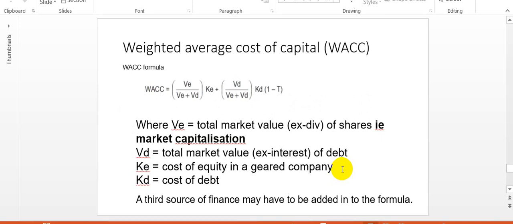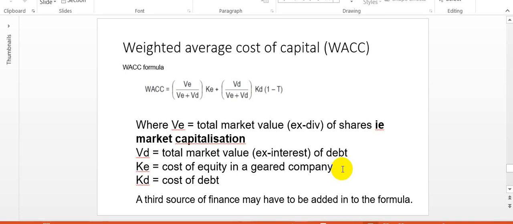When all these different costs have been computed, these are then replaced into the weighted average cost of capital, which gives us this cost of capital that we started with. So the weighted average cost of capital, or the WACC, is a makeup of different costs of finance.